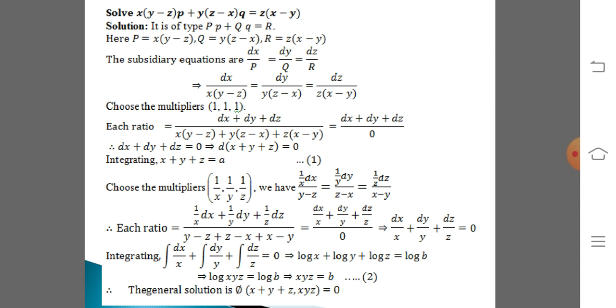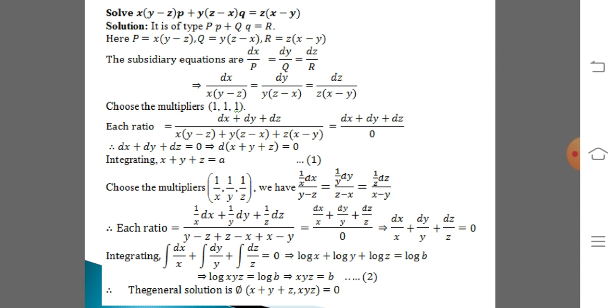Similarly, if you multiply the denominator in the second term by 1 by y, you get z minus x only. So each term in the auxiliary equation is equal to 1 by x dx plus 1 by y dy plus 1 by z dz by y minus z plus z minus x plus x minus y. So here all the terms get cancelled. So we have dx by x plus dy by y plus dz by z by 0.